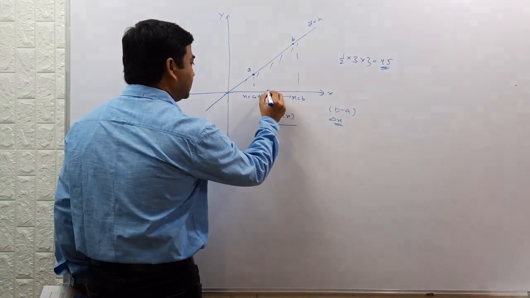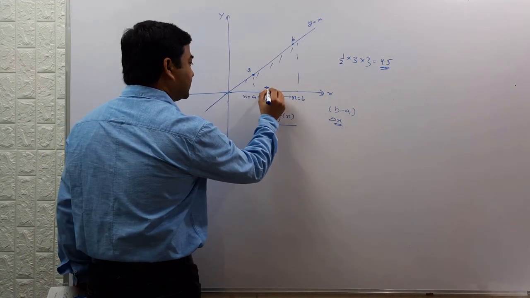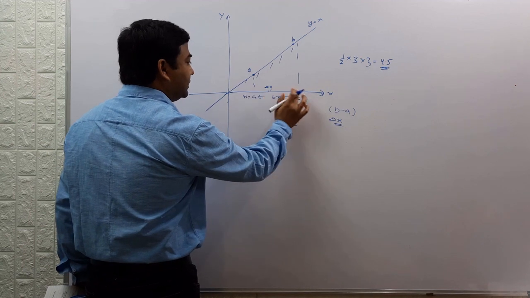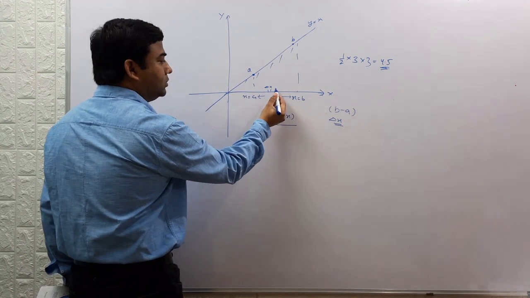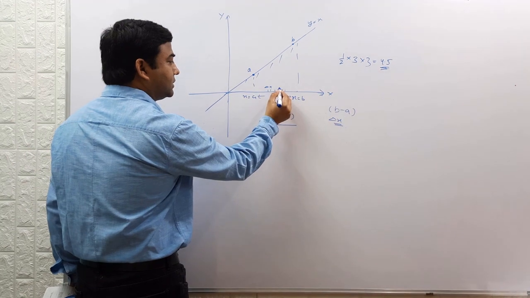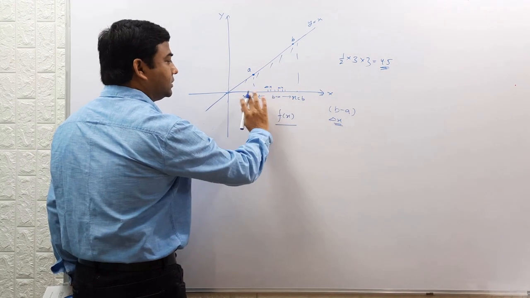So this whole length is divided into delta x, delta x, delta x, like this.